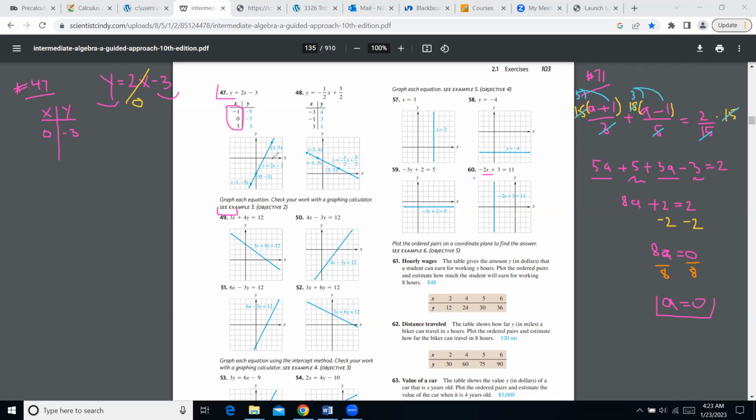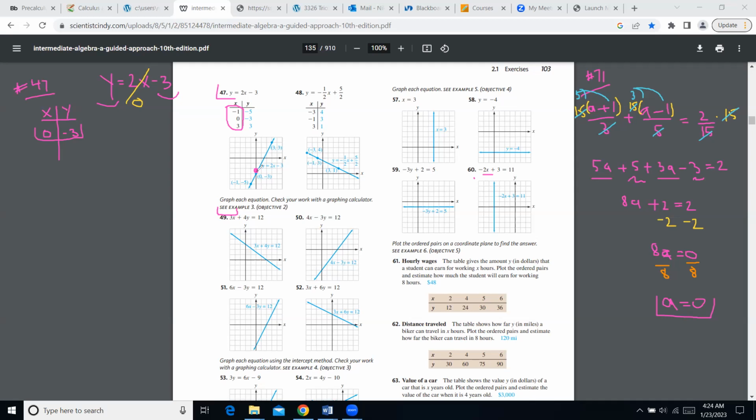-3. So I can plot a point with coordinates 0 and -3 someplace on the y axis, and that'd be a good start.